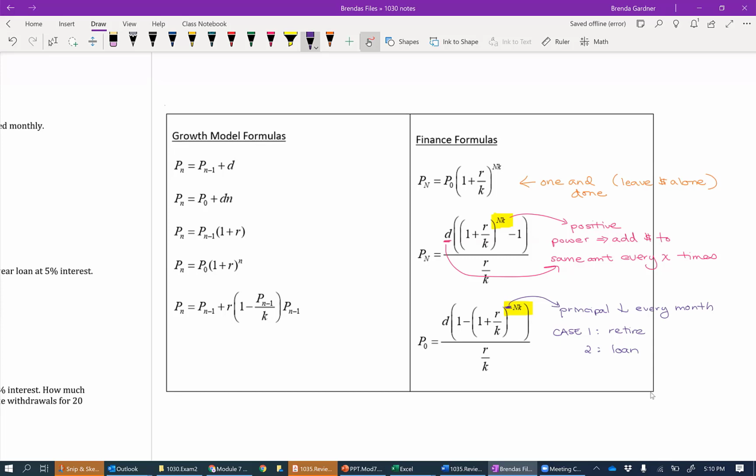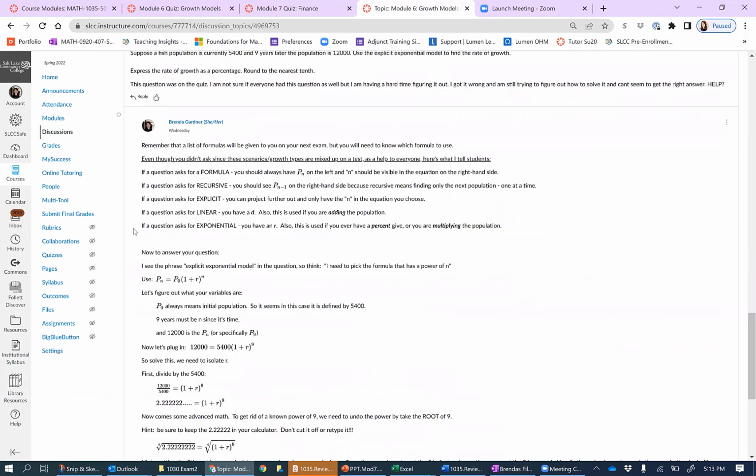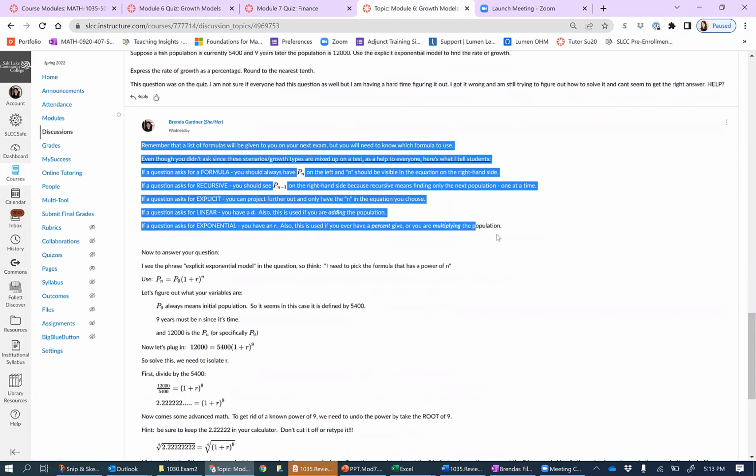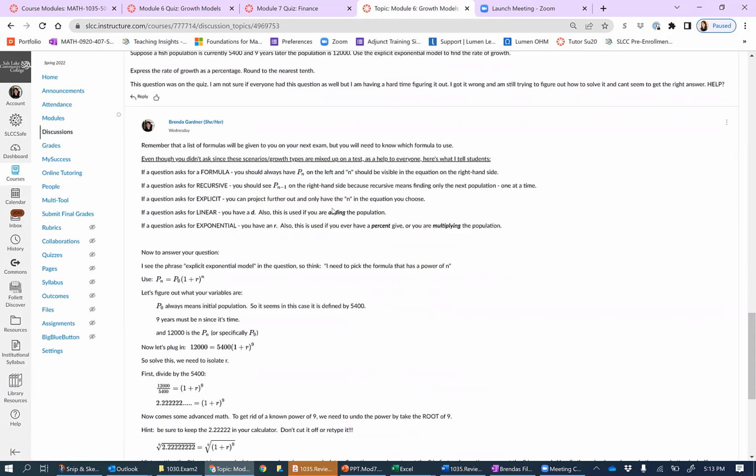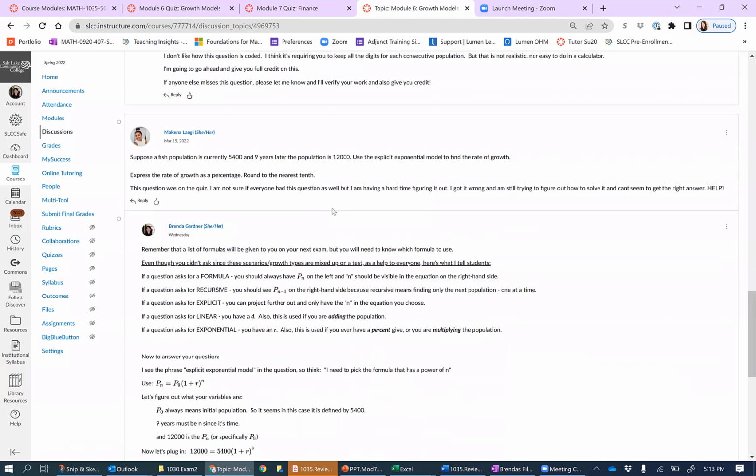Are there questions or clarification I could answer about those three formulas on finance? There's some information here. I was answering someone else's question, McKenna's question.